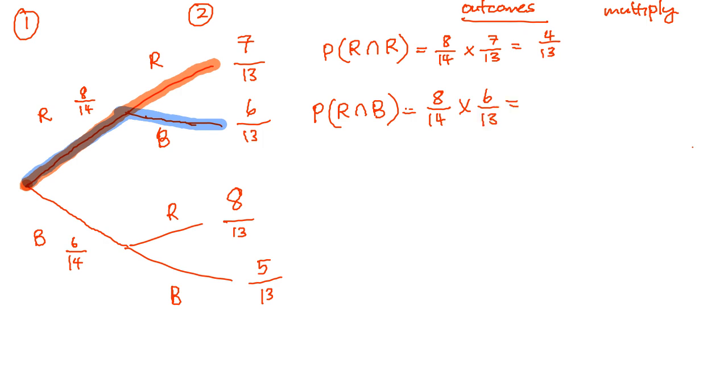Then the next one is at the bottom, blue the first time and then red the second time. So it's the probability of blue and then red. So that's 6 over 14 times 8 over 13.